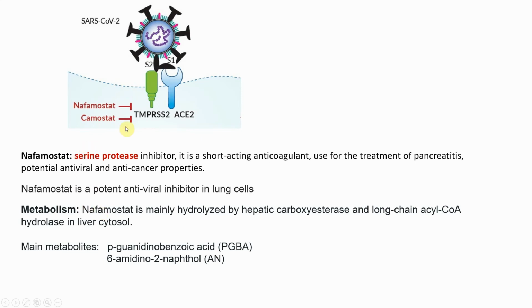After degradation, the main metabolite we can see is PGBA, or guanidinobenzoic acid, which is mainly important. Also for camostat, in the second metabolism, this product can also be formed. And the second product is 6-amidino-2-naphthol.